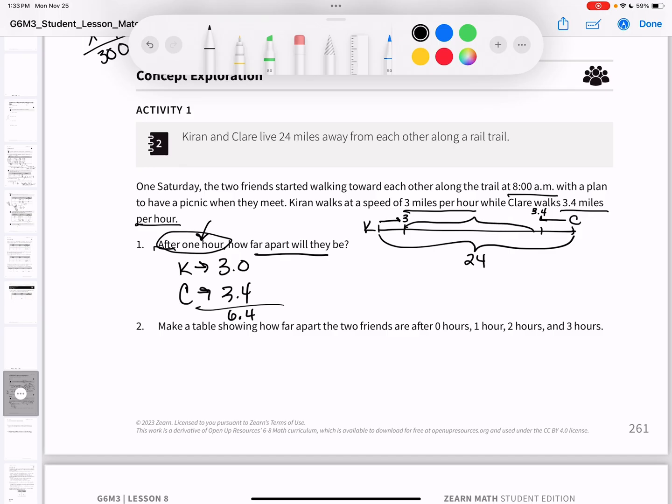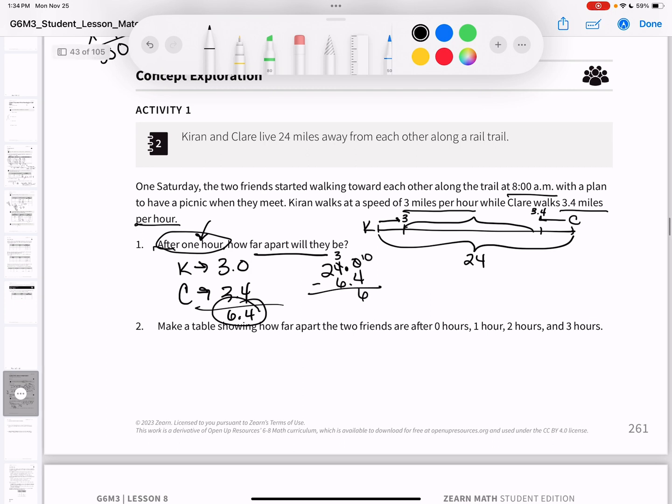So we're going to take their combined mileage and subtract it from 24 because that's the total that they have to go. So 24 minus 6.4, so we got to add that 0. So 10, that's 6. We got to borrow, 7. So how far apart will they be? 17.6 miles.